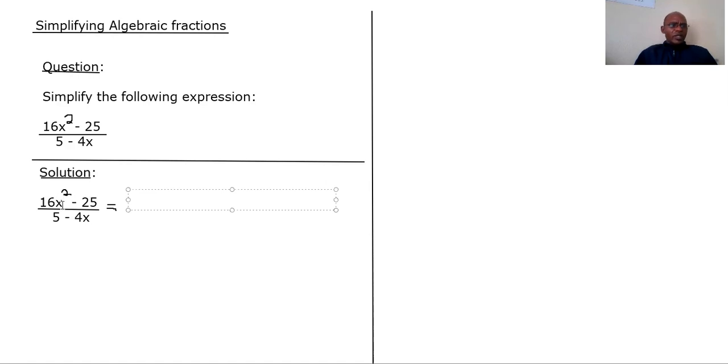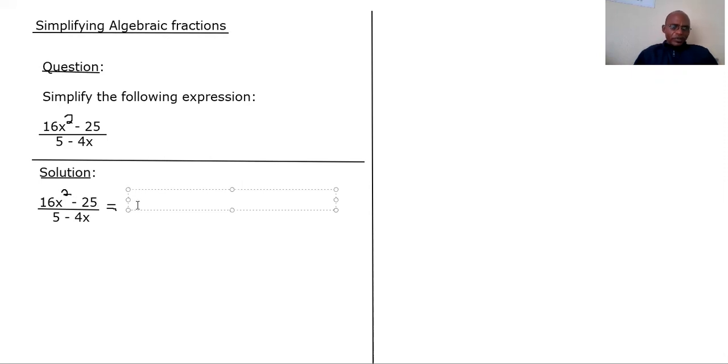That number is 4x, so I'm going to distribute the 4x into the brackets. Then I'm also going to distribute the number that I'm squaring to come up with 25. The number that I'm squaring to come up with 25 is 5.